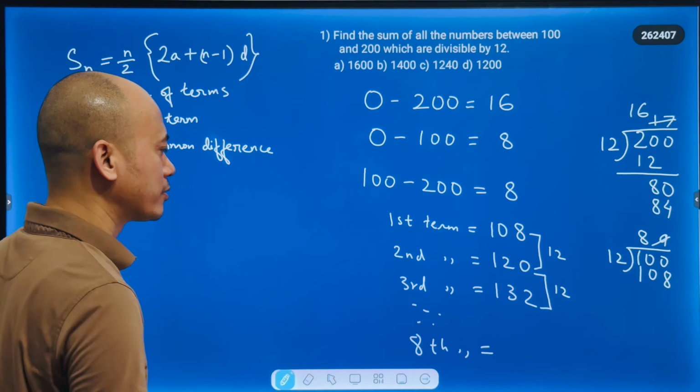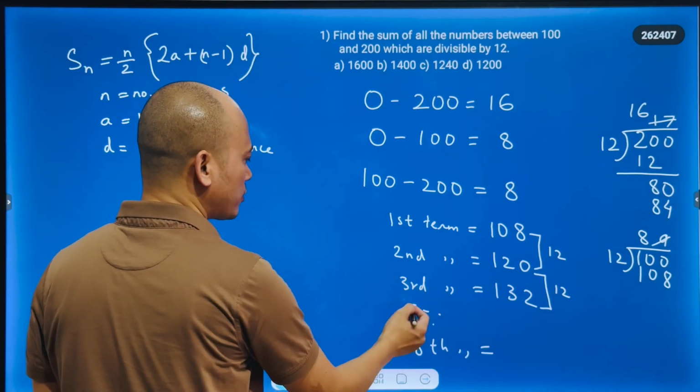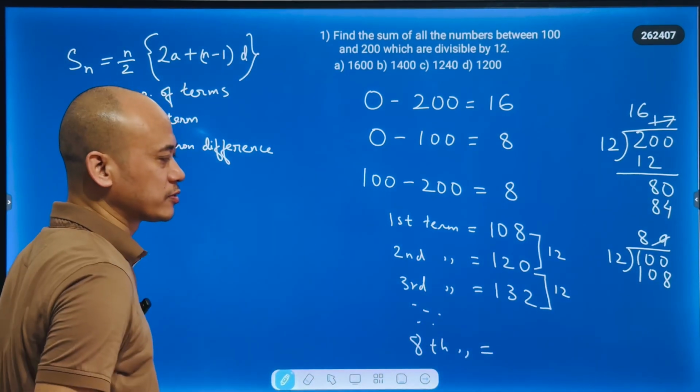The difference between the third and fourth, fifth and sixth will also be 12.